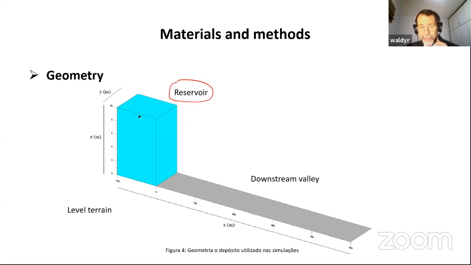The first part was the reservoir, with this dimension: 100 meters in the x direction, 1 meter in the y direction, and 10 meters in the z direction. So a volume of 1,000 cubic meters. The downstream valley was like this. At the beginning, we start with a 500 meters downstream valley in the x direction.